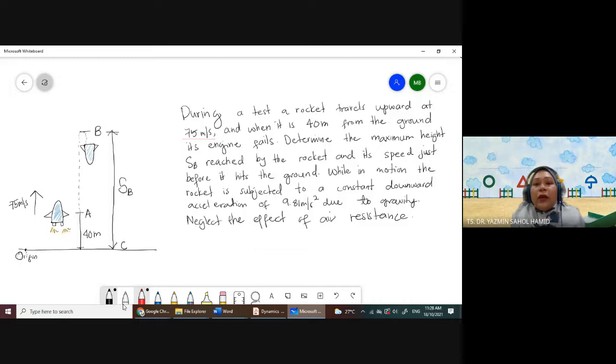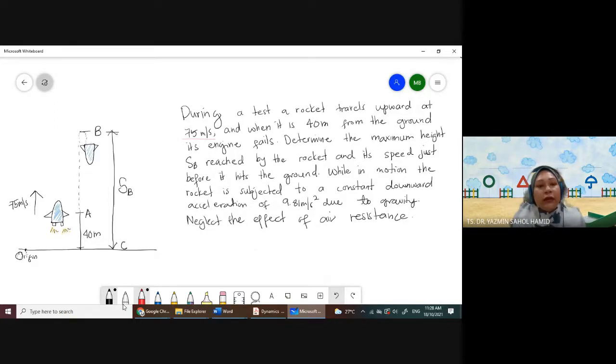While in motion, the rocket is subjected to a constant downward acceleration. So what is the acceleration? The acceleration a is negative 9.81 meters per second squared.